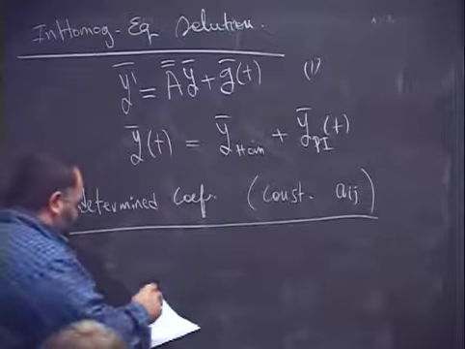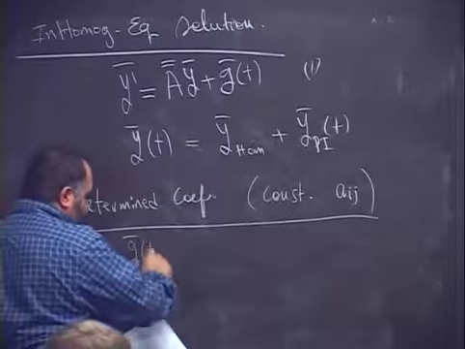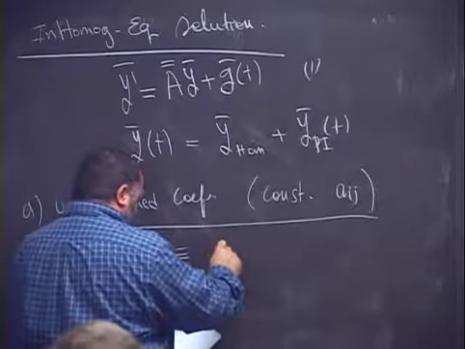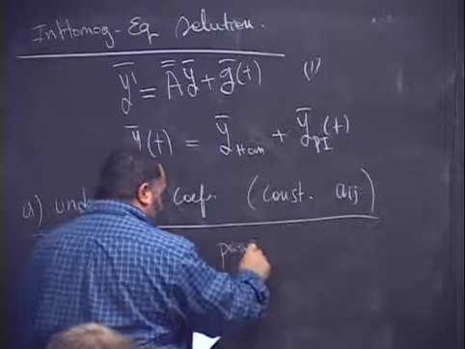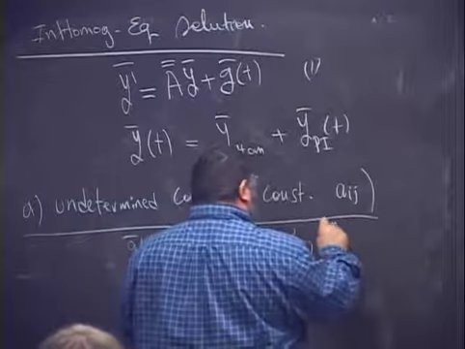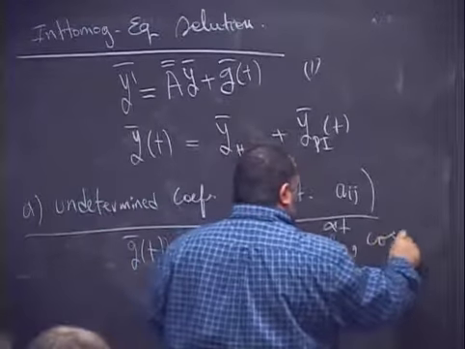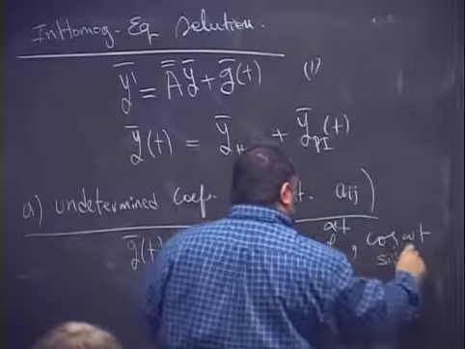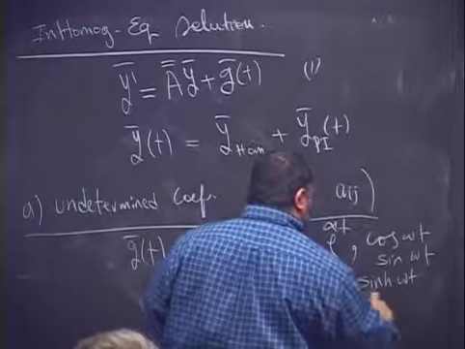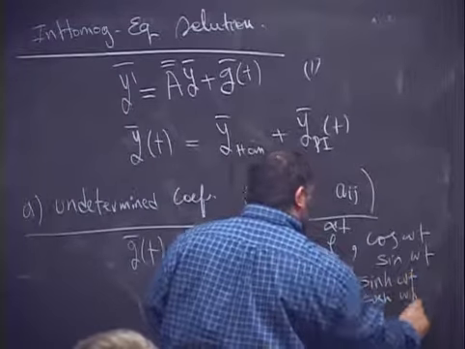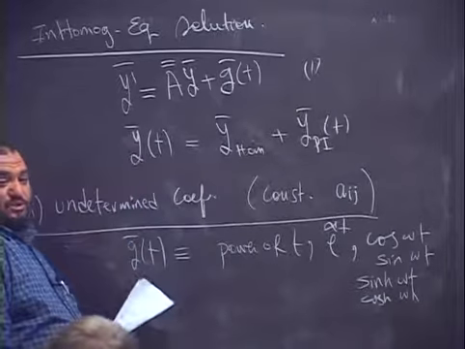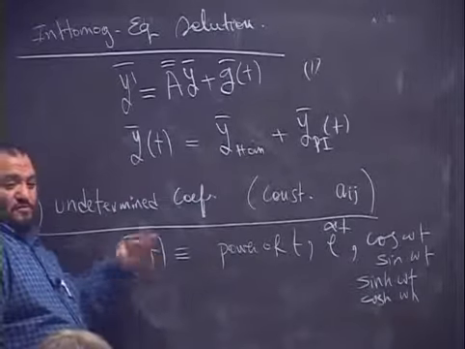If you have your g of t in the form of what? Power of t, or e to the power of alpha t, or cosine omega t, or sine omega t, or sinh omega t, or cosh omega t, any of those forms, you will pick up your particular integral to be the same form with a constant.